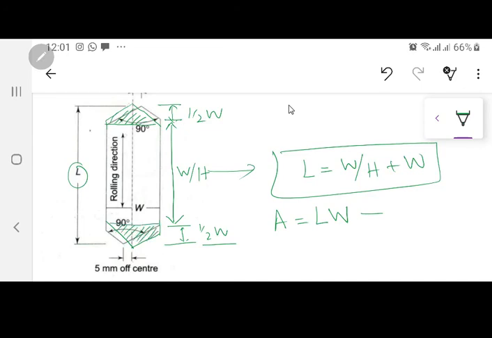Now what is the height of this triangle? The height of the triangle is equal to 1 over 2 W. And what is the width of this triangle? This is W, and then 1 over 2 for the triangle formula. So what is the area of one triangle over here? This is equal to 1 over 4 W square. So this means when you are trying to find out this area, it is going to be LW minus what?